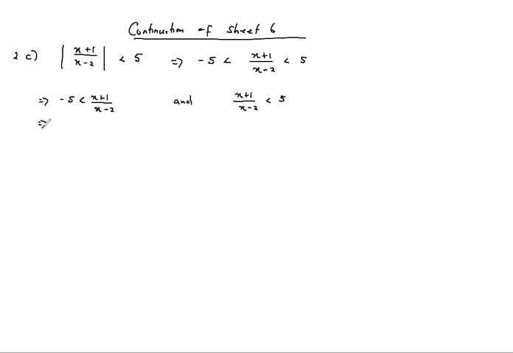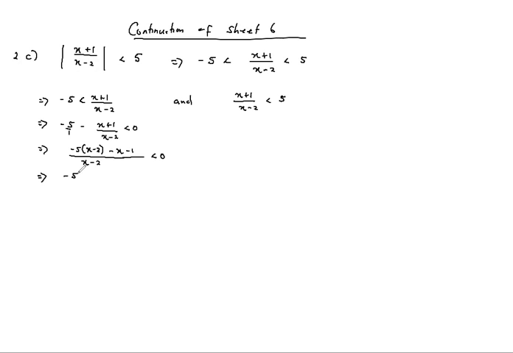So for the first piece, again, we take everything to the left and have this less than 0, so that we have x - 2 as a common denominator because here we have 1. So we have -5(x - 2) minus (x + 1). So I've expanded here. I hope you're able to see that.